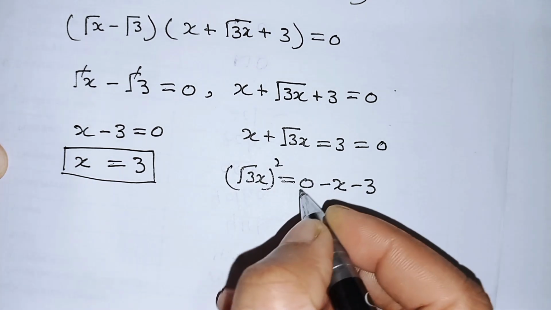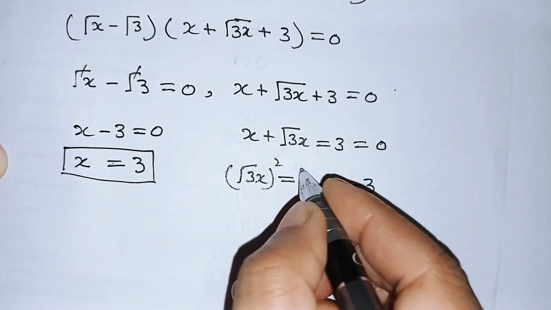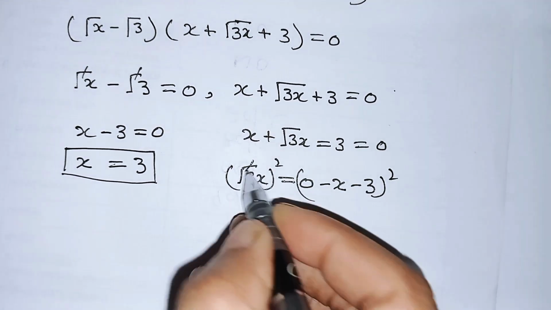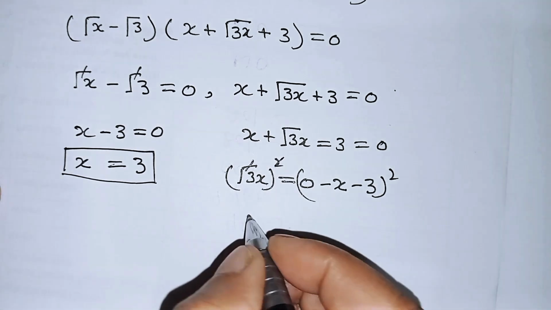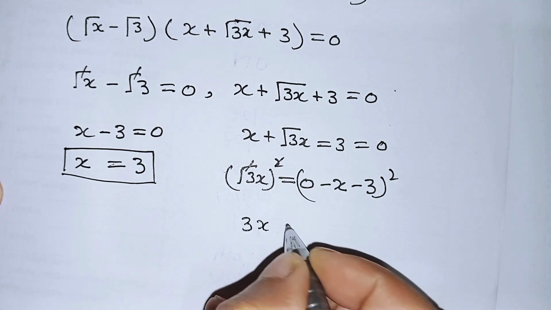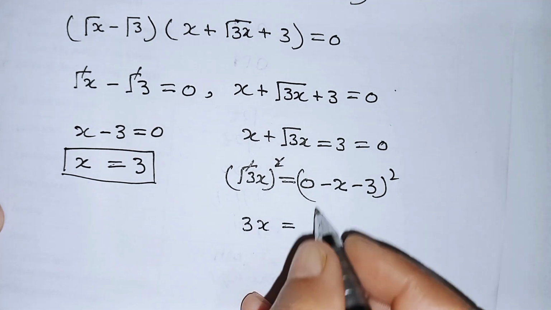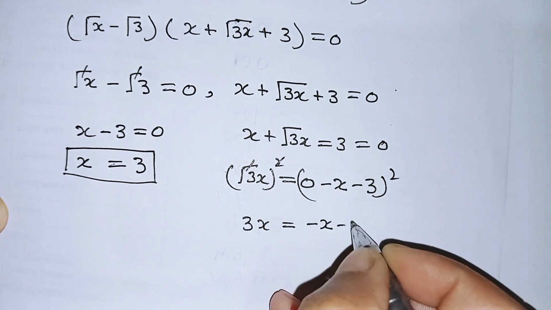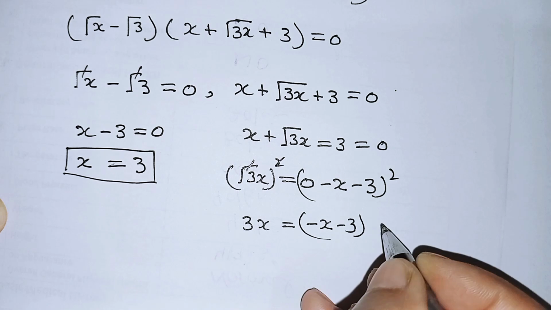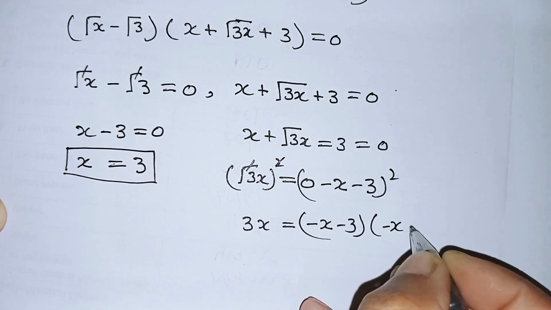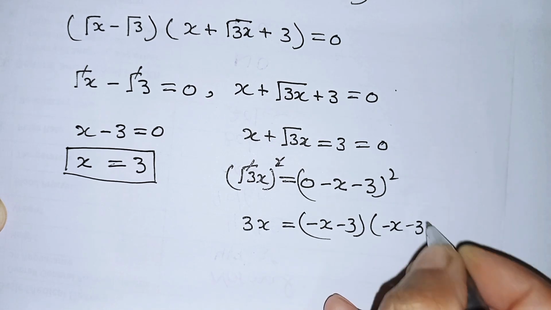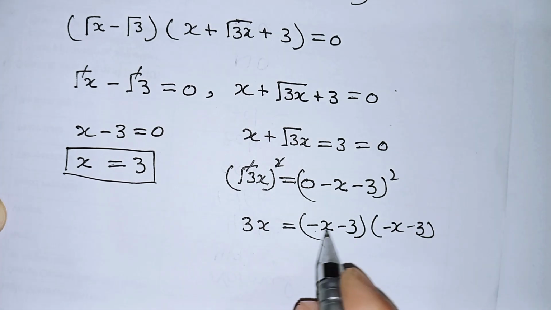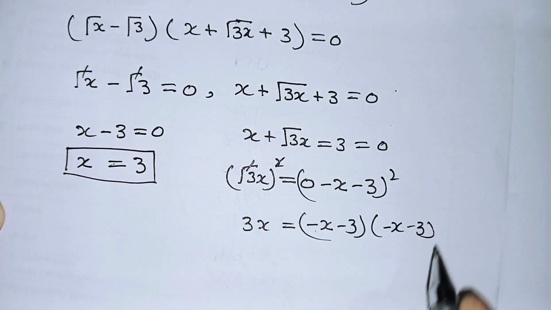We take square on both sides, so the square root cancels out this square and the remaining is 3x is equal to minus x minus 3 times minus x minus 3.